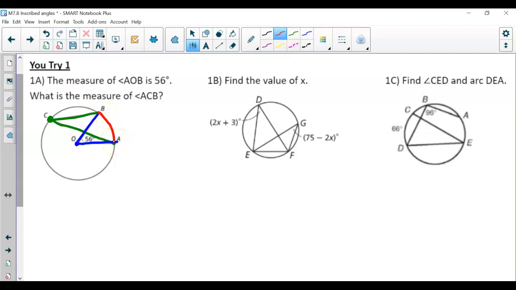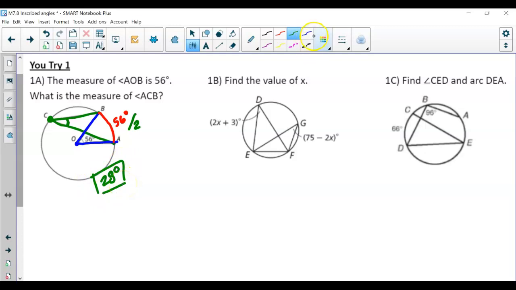No, they're not congruent, because this is a central angle, right? ACB was the inscribed angle. So if the central angle was 56 degrees, then the arc AB is also 56 degrees because central angle is congruent to the arc, which means then what do you have to do to find the measure of the inscribed angle? Divide by 2. So that's why here the measure of angle ACB is 28 degrees.